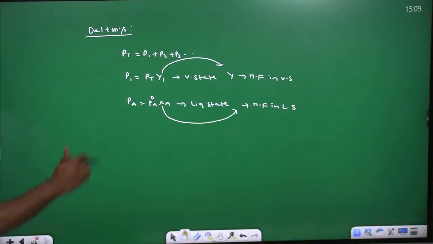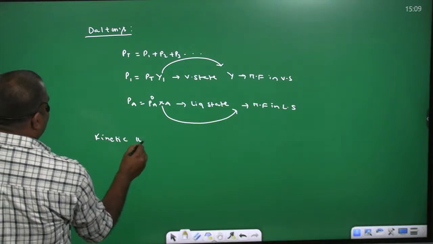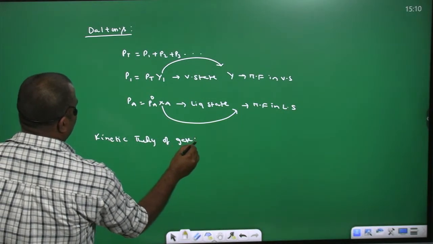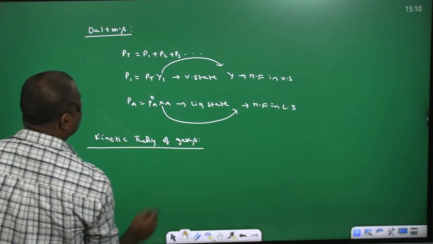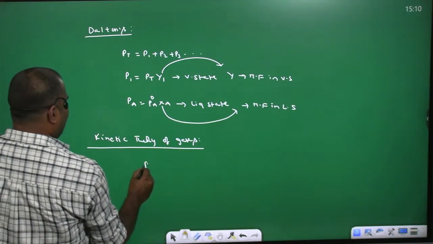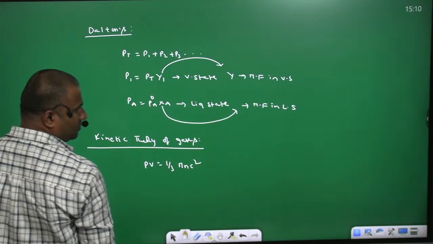After this, kinetic theory of gases. In kinetic theory of gases, what are the formulas we have? The formulas are PV equal to 1 by 3 mnc square.